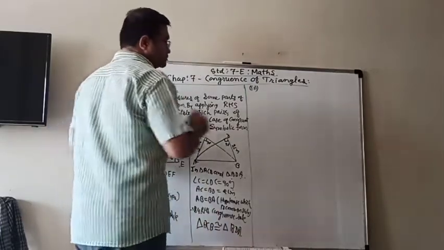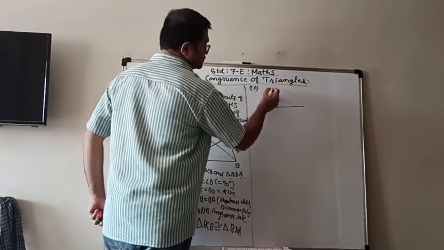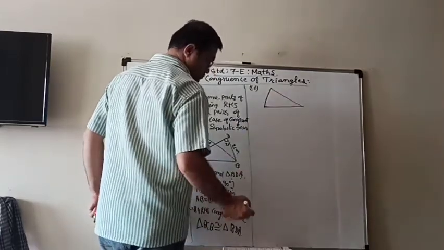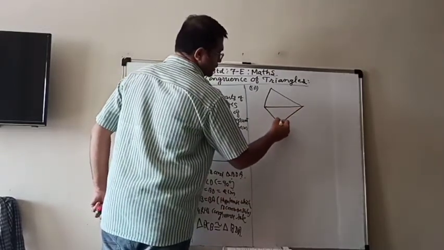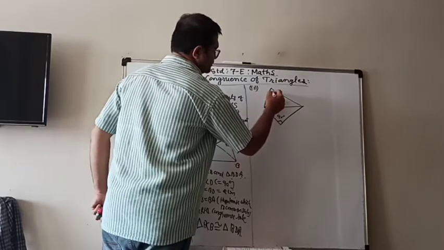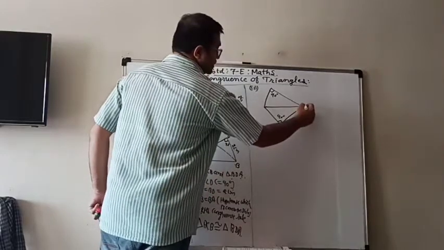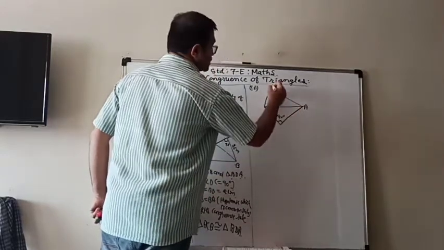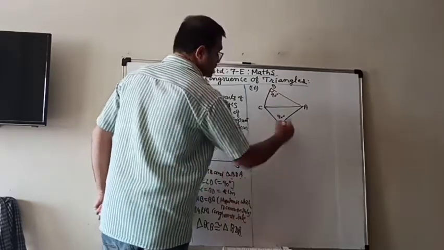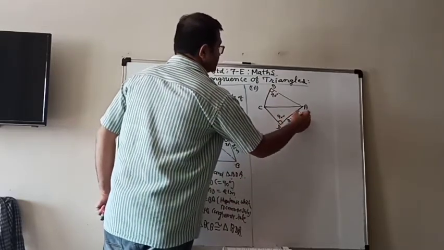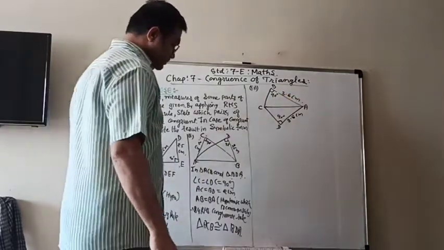In the third, the figure is like that. 90 degree, 90 degree. A, B, C, D. 3.6 centimeter, 3.6 centimeter.